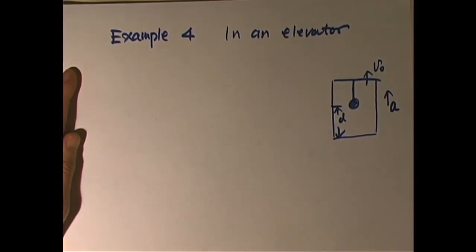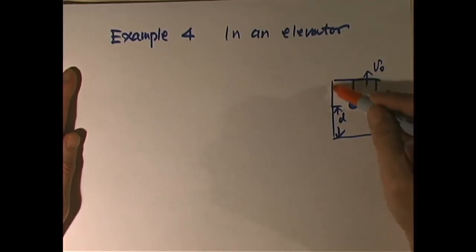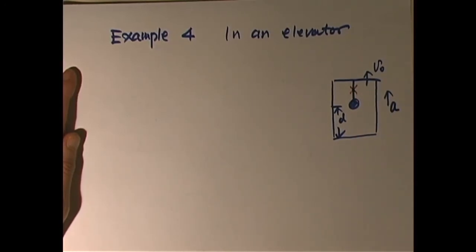The question is, what if at t equals 0, when the elevator has initial velocity and acceleration, we cut the string so the ball starts to drop. Question 1: how long does it take the ball to hit the floor of the elevator?